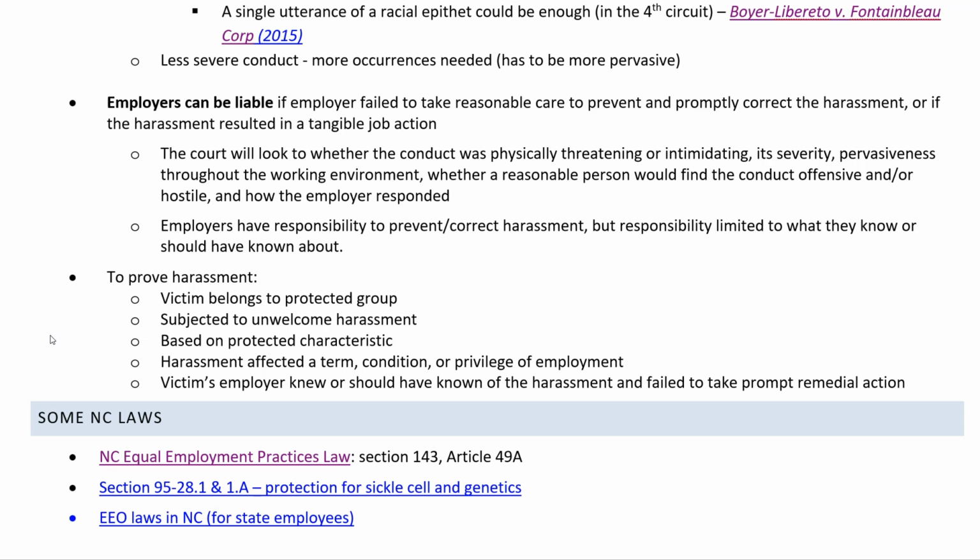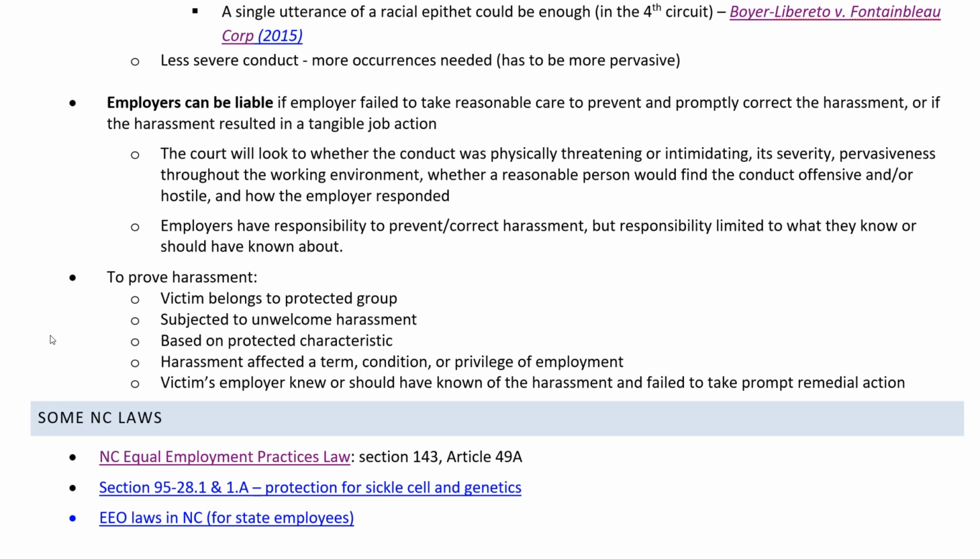So employers have a responsibility to prevent or correct harassment, but the responsibility is going to be limited to what they know or should have known about. So if the employer has been made aware that harassment is happening, if an employee comes to them and says, this person is harassing me, then they've been made known.